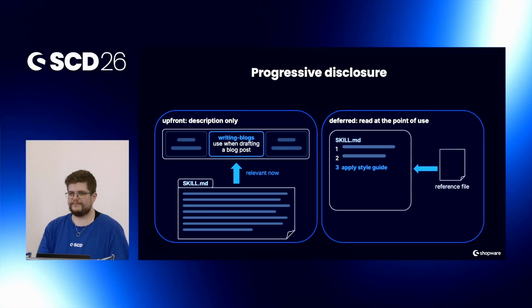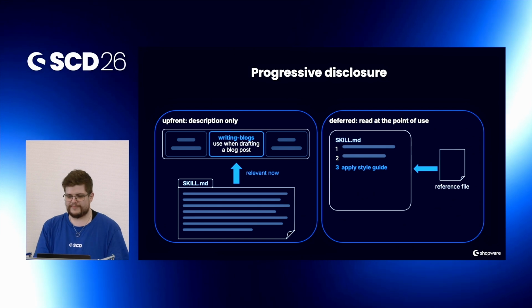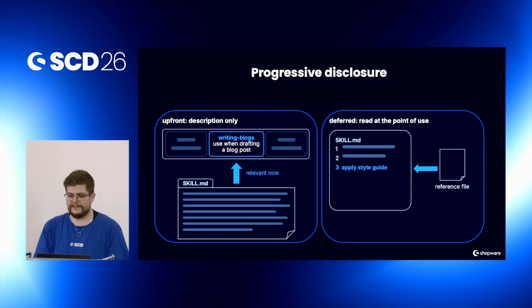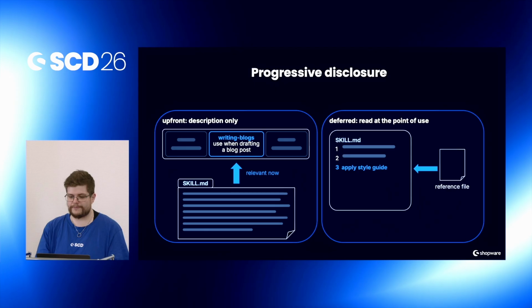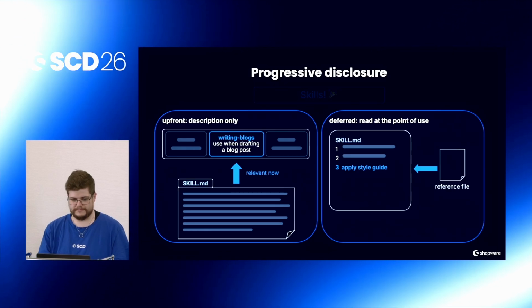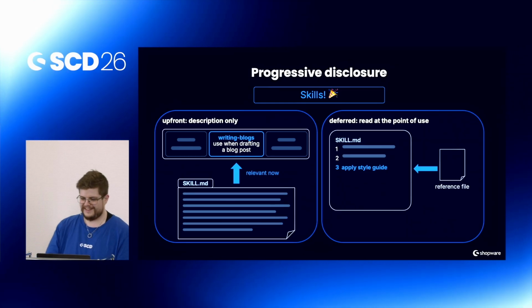This is progressive disclosure, which is also what this slide describes conceptually. It just means that information is shown to the model when it's needed instead of all upfront. And there's a standardized format that does exactly that: skills.